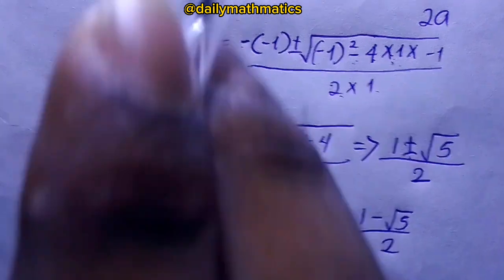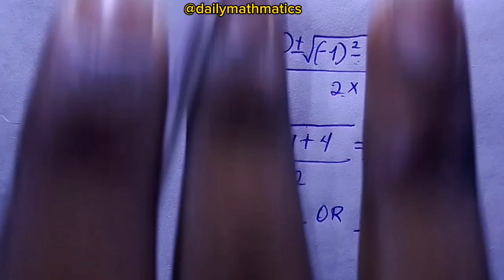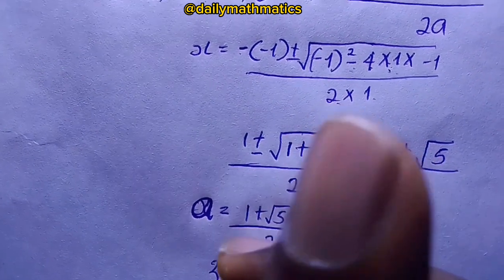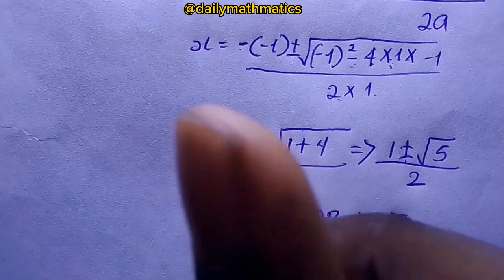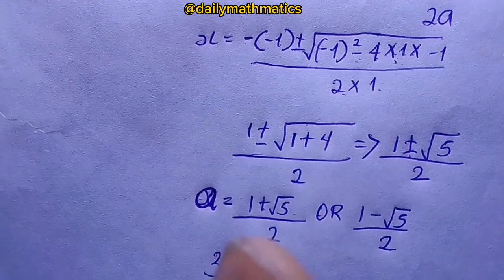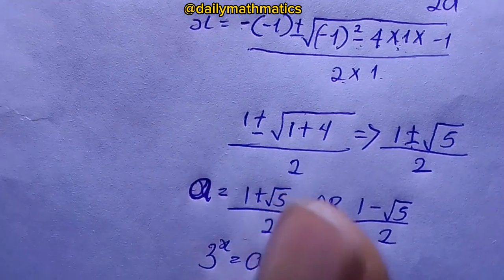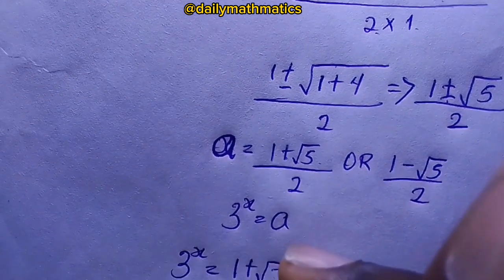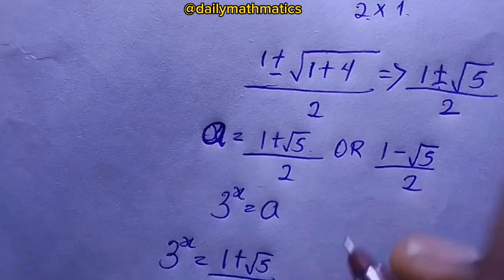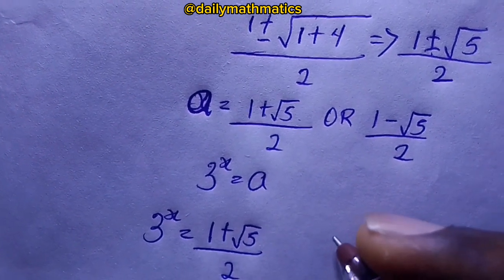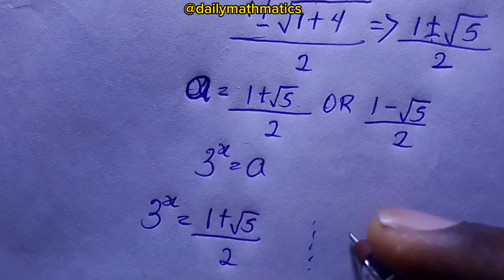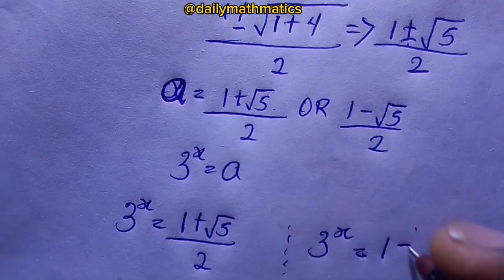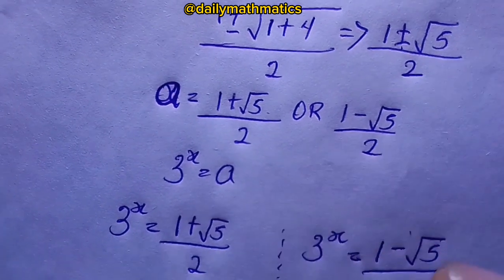We saw that 3 raised to the power x equals a. So from that thing we did, we said 3 raised to the power x equals a, and a equals this. So this a is 1 plus root 5 over 2. Or we can also see that 3 raised to the power x equals 1 minus root 5 over 2.